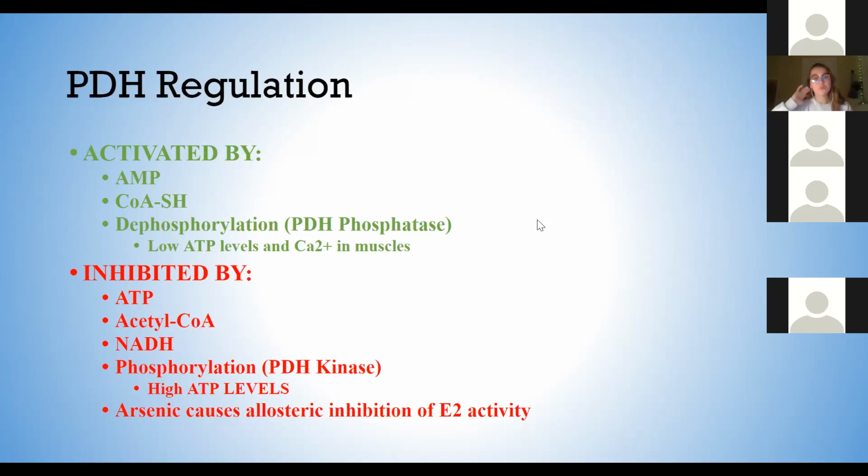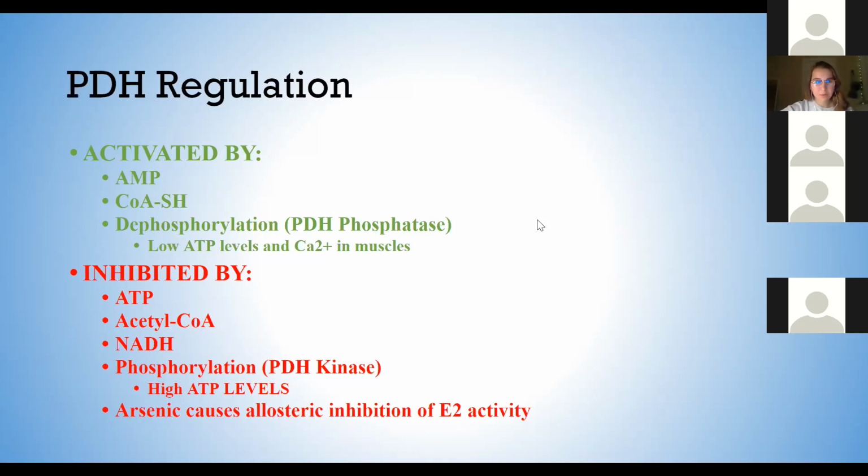Dr. Zeile also mentioned that PDH is inhibited by arsenic because it causes an irreversible allosteric inhibition of the E2 activity, essentially irreversibly binding to the E2 subunit of our pyruvate dehydrogenase, inhibiting the entire enzyme complex because one part of the enzyme is not working.